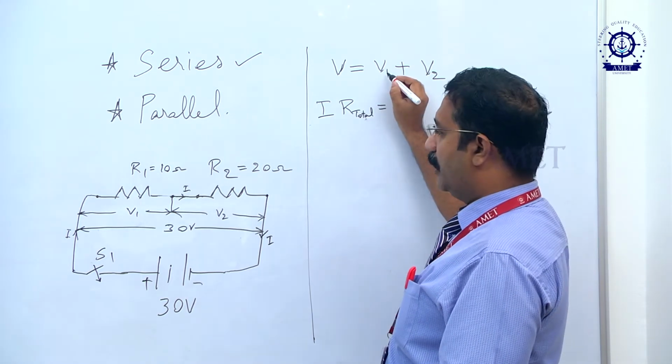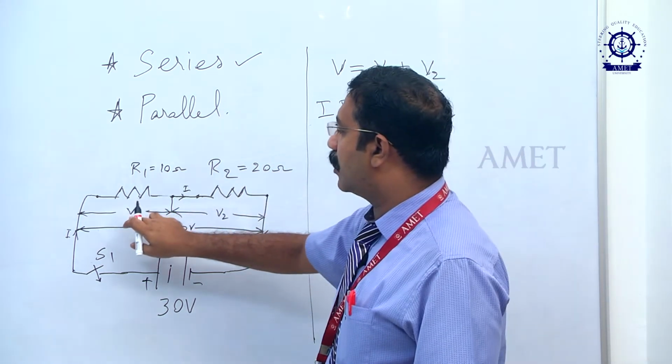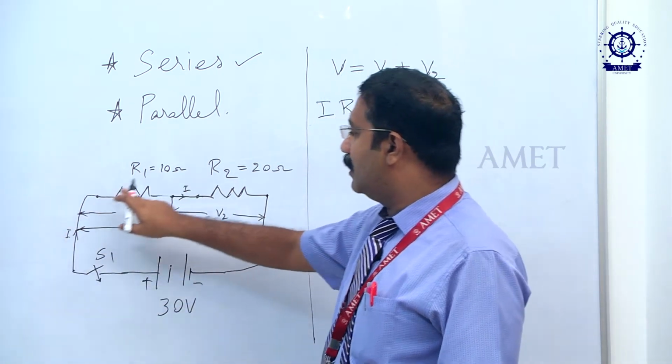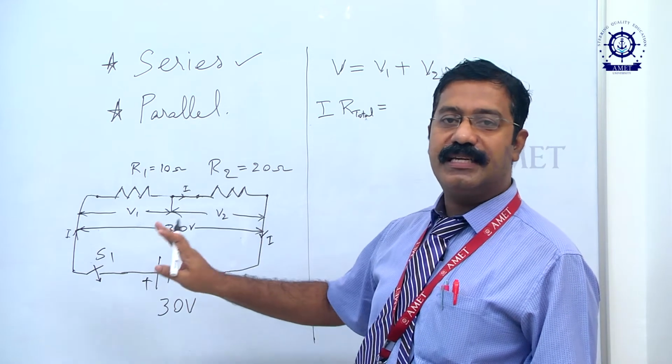V1 means it's connected across resistance R1. I told you that current remains the same in a series circuit.